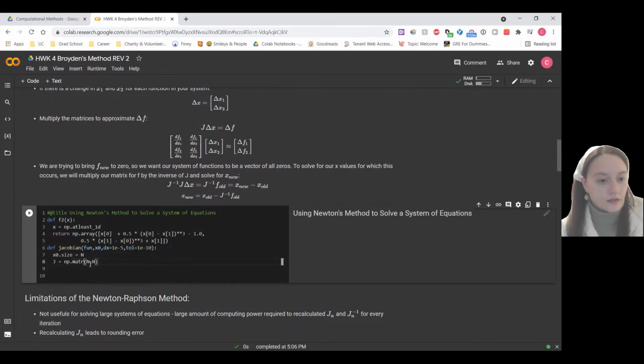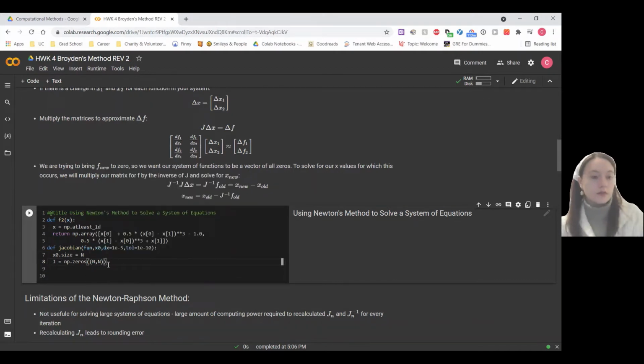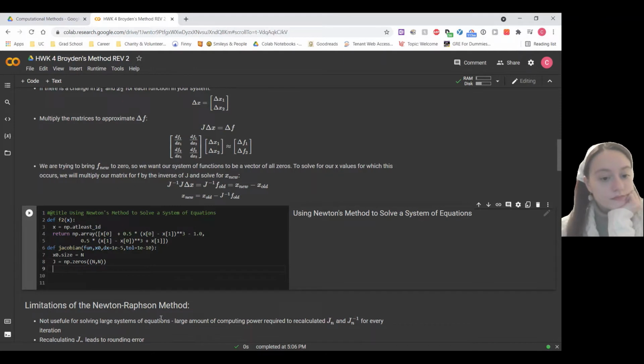And actually the syntax for that would be zeros because we have an empty matrix that we haven't filled in yet. So these should be flipped.